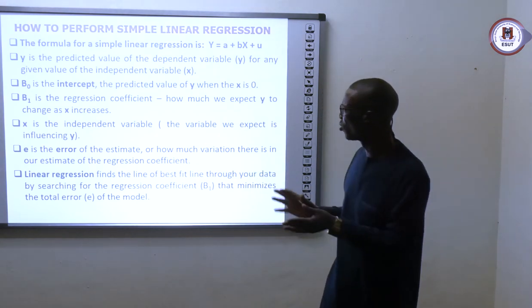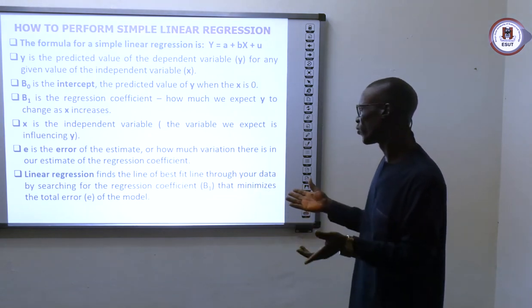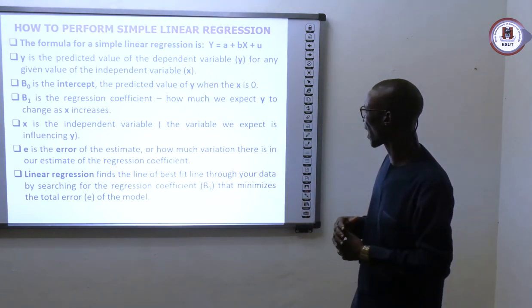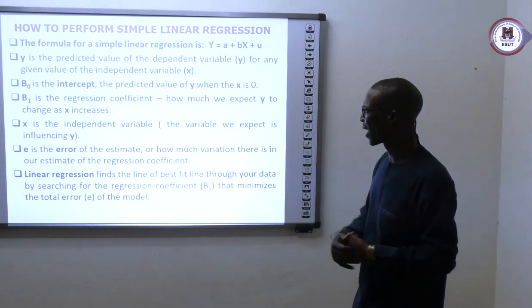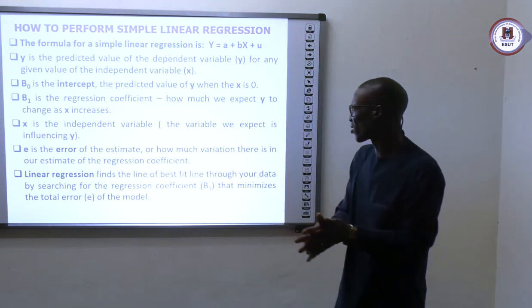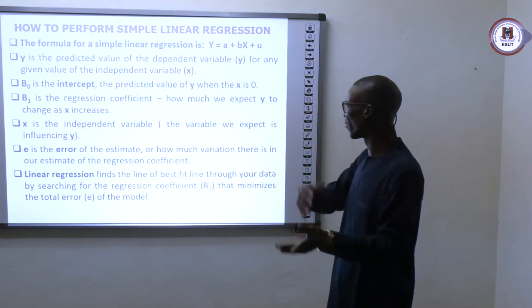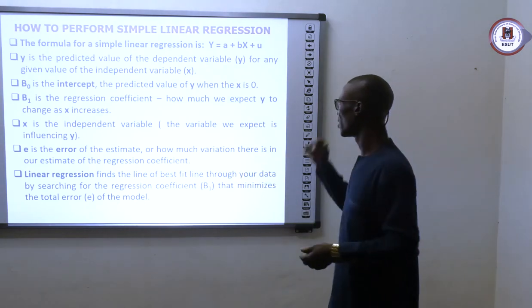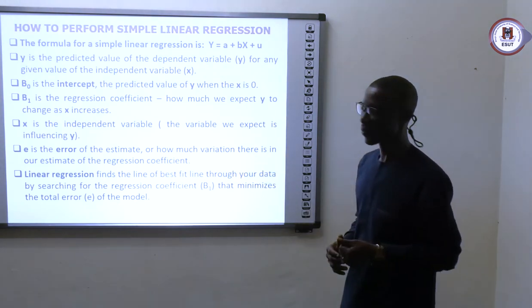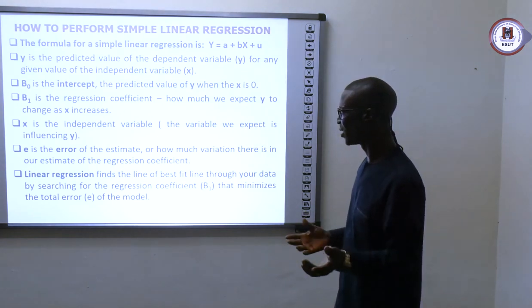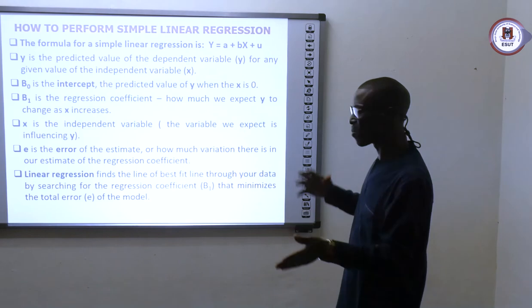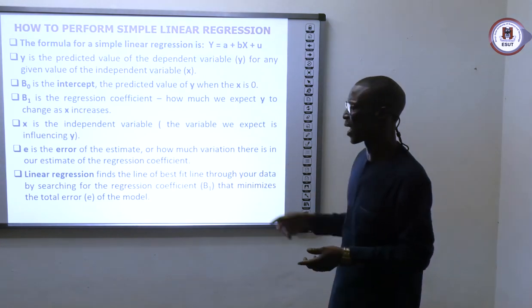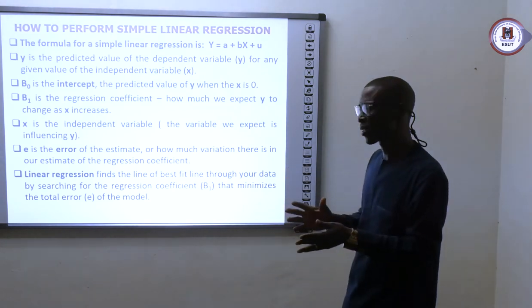So these are so many ways you could perform it. But we've discussed that in regression analysis, we have one dependent variable and one independent variable. And we have the intercept, which is the constant that predicts the value of the dependent variable when the independent variable is 0. And we have the x. Sometimes we use x to represent the independent variable, and we use beta to represent the coefficient, beta 1.